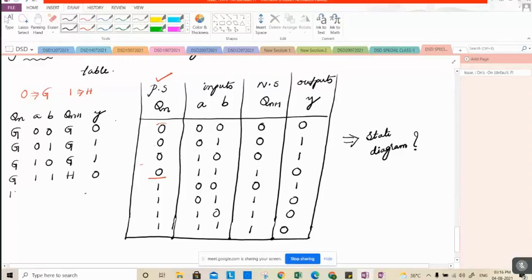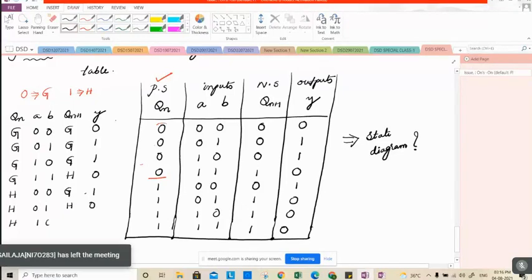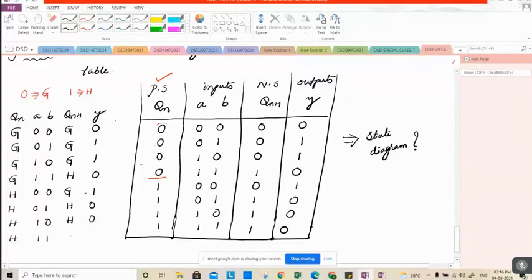If H is my present state and 0, 0 is my input, my next state is G with output as 1. H with 0, 1: my next state is also H with output 0. H with 1, 0: next state is H with 0. H with 1, 1: next state is H with 0.